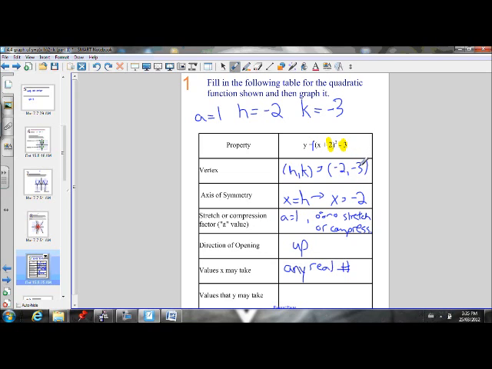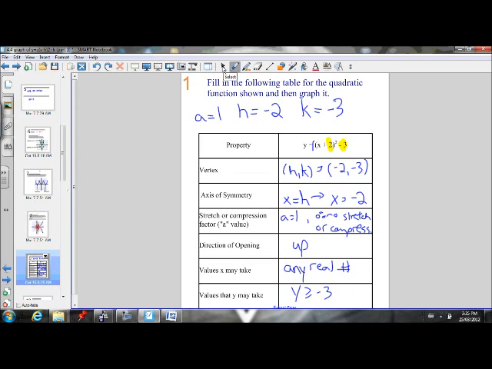The parabola will never go below negative 3. That's the vertex, the minimum point. It can be equal to negative 3 or any number above, but never below. So the values y may take are y greater than or equal to negative 3.